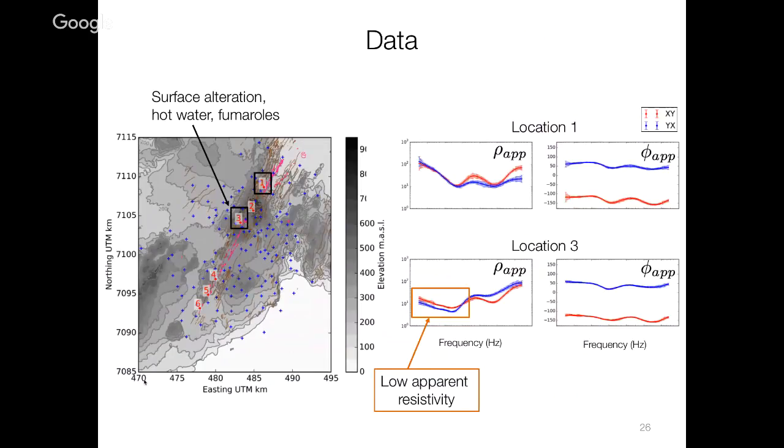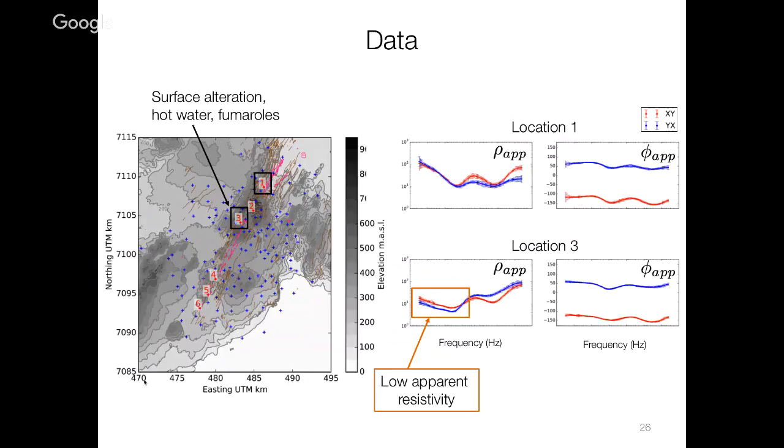So if we look at the data, I'm going to concentrate on just three locations. There is one along here at station number 1. Here's the apparent resistivity that's measured. The red curves are the XY. As you're measuring the data, you've got electric field this way and magnetic field this way.